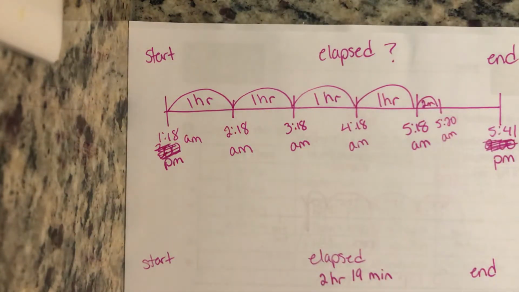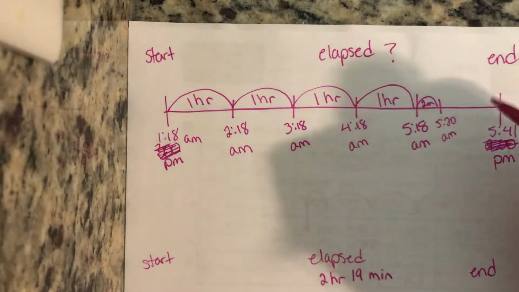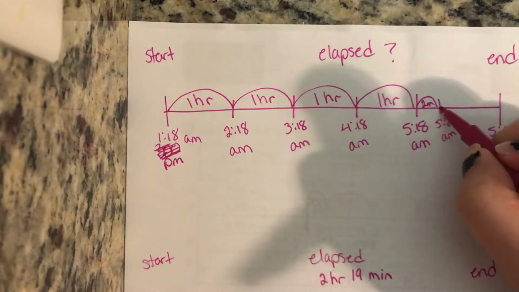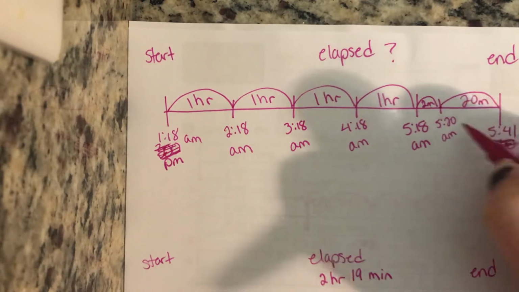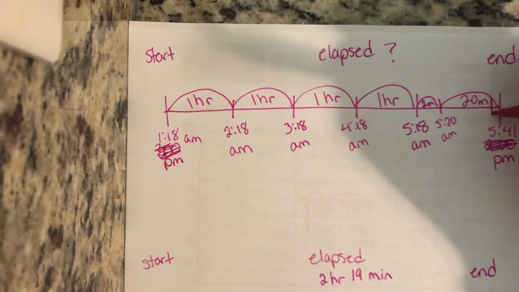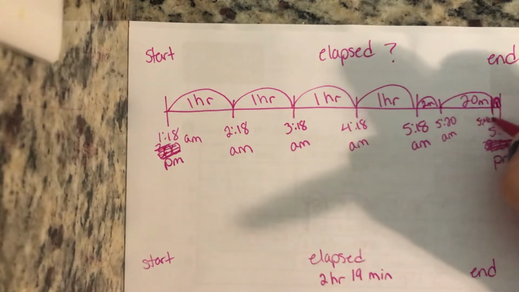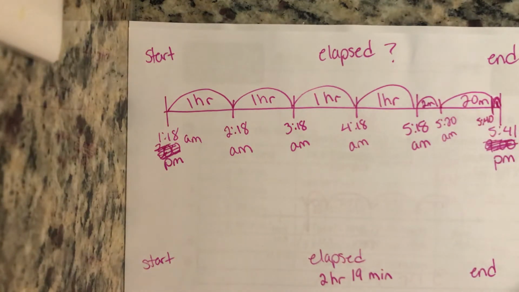And 20 is a much friendlier number for me to do jumps with and add on to. So if I'm at 20, I could do another jump of 20 minutes because 20 plus 20 gets me to 40. And then I can do a small 1 minute jump at the end to get me to 41.